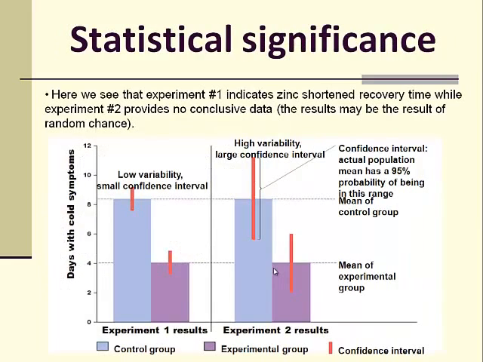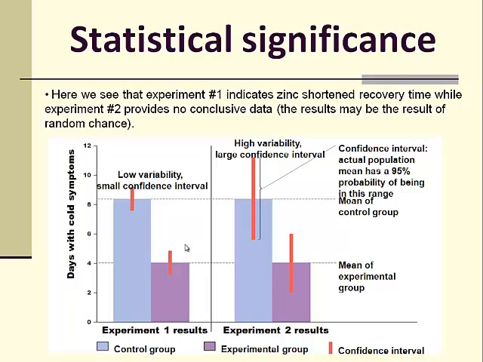On the left-hand side, we see what we refer to as confidence intervals that are extremely small. The little red bar here that I'm pointing to with the cursor represents what we call a confidence interval. And so in very simple terms, here's what a confidence interval means. We think that the average time that it took the control group to get over the cold was about 8.5 days. That was the average time as calculated based on our data.